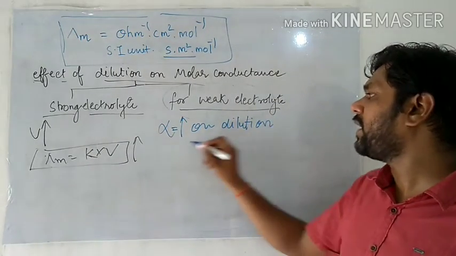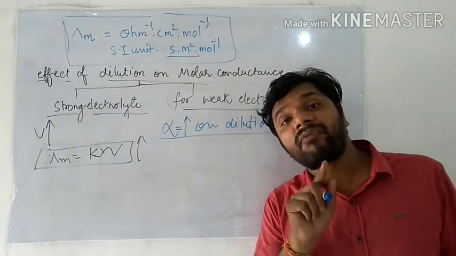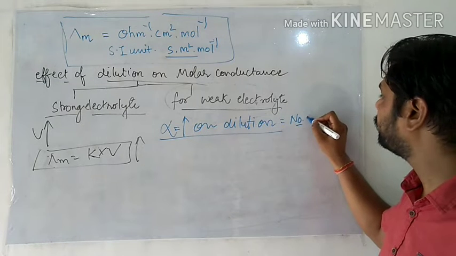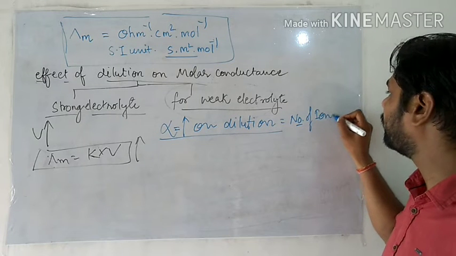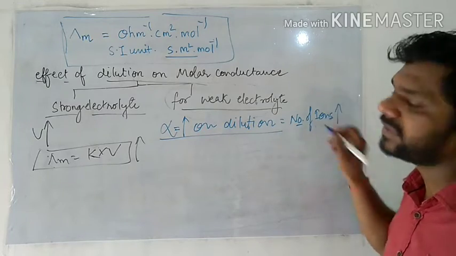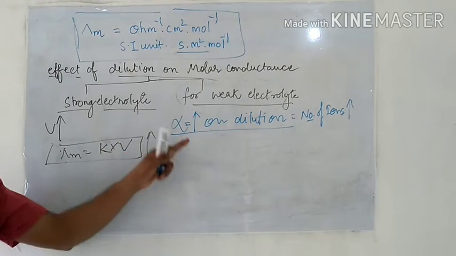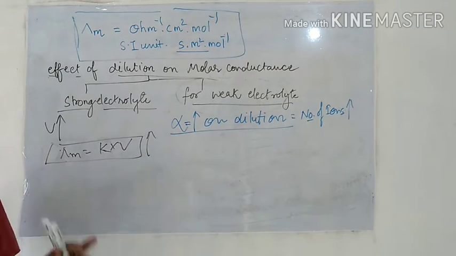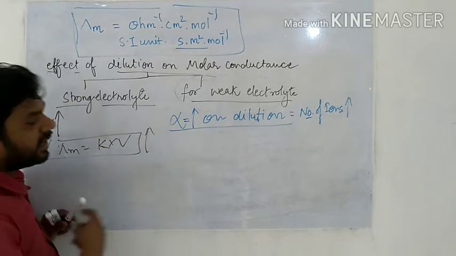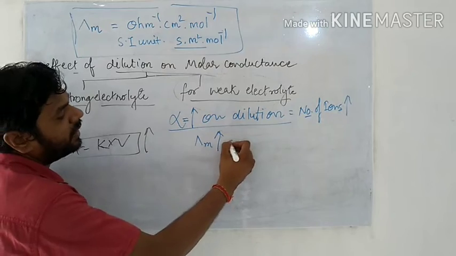It means that if the degree of dissociation increases on dilution, more ions will be produced. The number of ions will definitely increase in this case. So in the case of weak electrolytes, on increasing the volume, or diluting the solution, molar conductivity increases. It means lambda m increases on dilution.